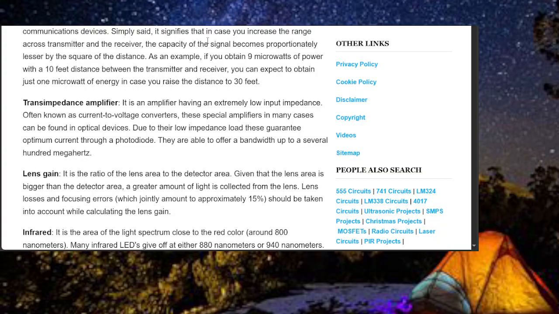Transimpedance amplifier having extremely low input impedance, often known as a current to voltage converter. Due to their low input impedance load, these guarantee optimum current through a photodiode. They are able to offer a bandwidth of up to several hundred megahertz.